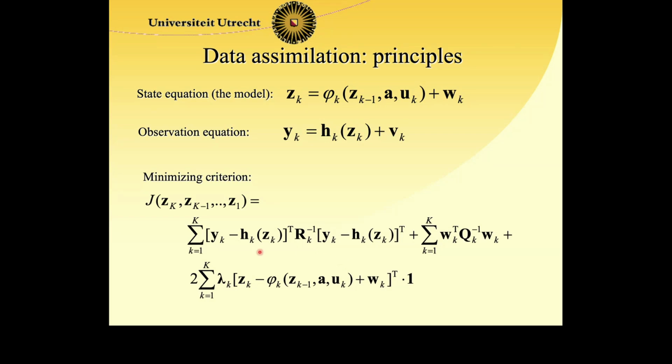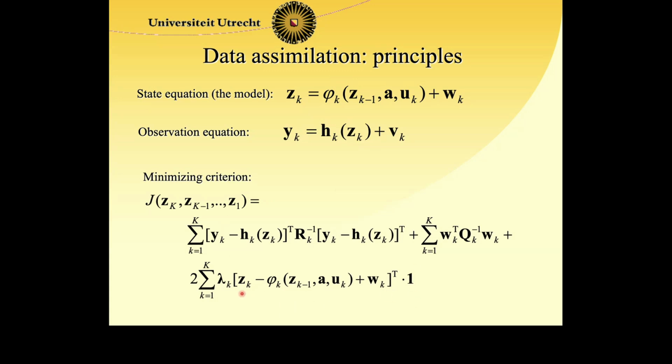What we say here is that the model plus the noise needs to be equal to the state. It seems to be gratuitous because that's what we assume. But of course, if we want a solution that's physically consistent, we want to make sure that the final states obey our system dynamics. And therefore we add this term.